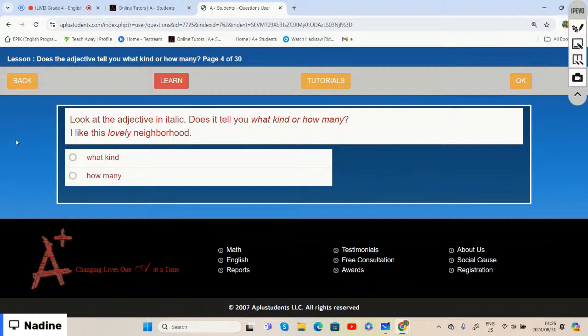All right, so we need to look at the adjective in italics. Does it tell us what kind or does it tell us how many? I like this lovely neighborhood. Is lovely what kind of neighborhood or how many neighborhood?